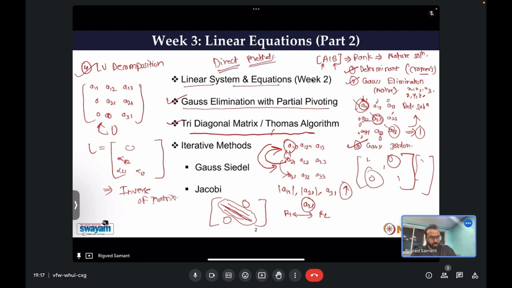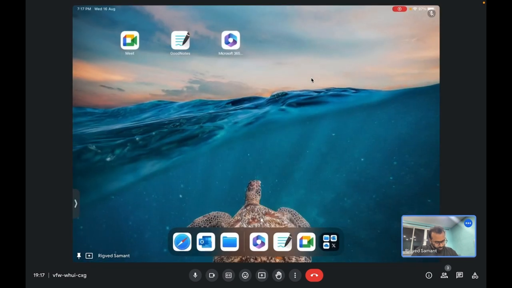Whatever you get at the first step, you consider it the final solution. In the iterative method, we iterate over a set of equations again and again to get to the final solution. We will see through the problems what Gauss-Seidel and Jacobi are and the difference between the two. So without further ado, let's get started with the question set for today.